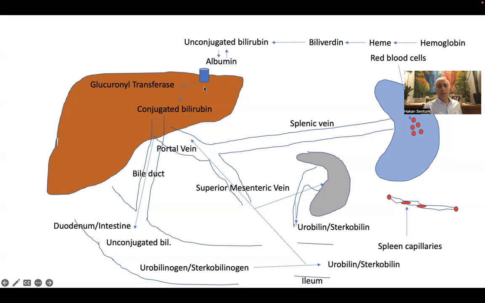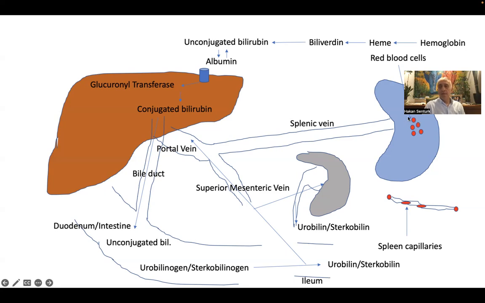There may be several derangements in this process. We are going to see in the forthcoming slides. For example, hemolysis means that there is an excessive destruction of red blood cells.